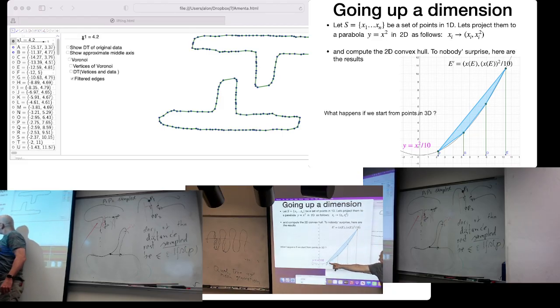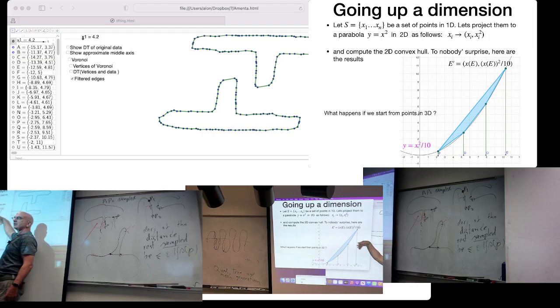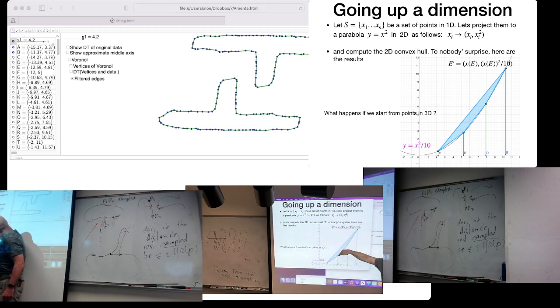So now I have a set of points in 2D, and look at its convex hull. It's not really surprising that B and D are nearest neighbors to each other. So B is a neighbor of D in the Delaunay, and there is an edge of the convex hull between B and D.